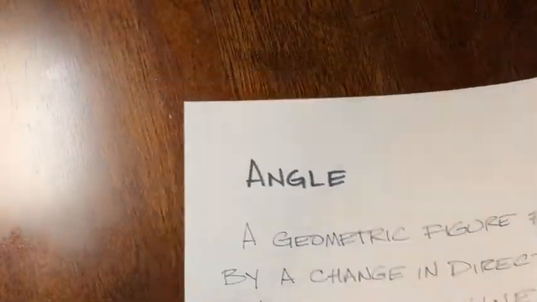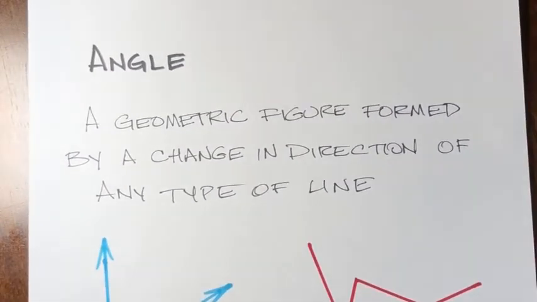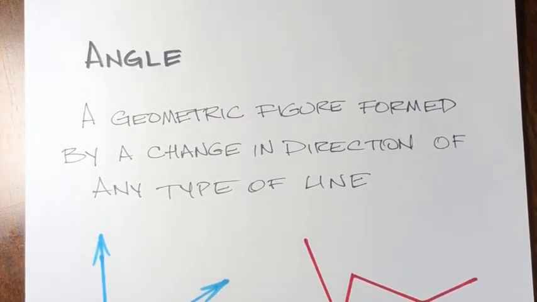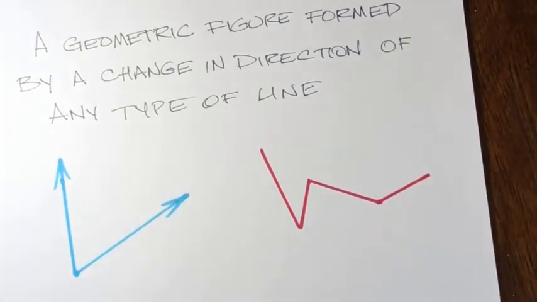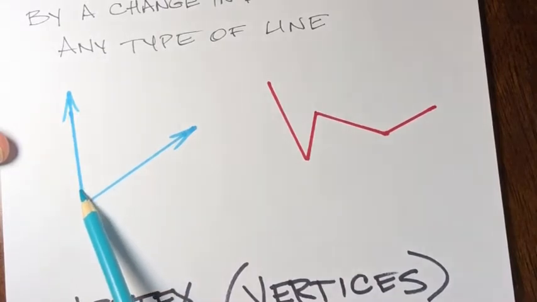We need to talk about angles today. So, real quick, an angle is a geometric figure formed by a change in direction of any type of line. So we have here, looks like this is a line that's been bent right here.